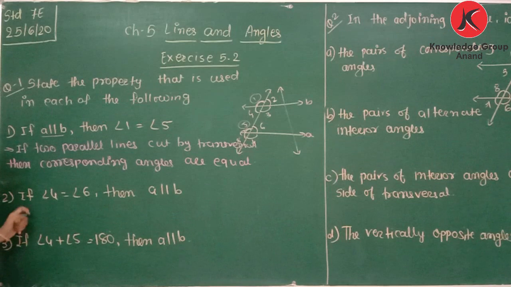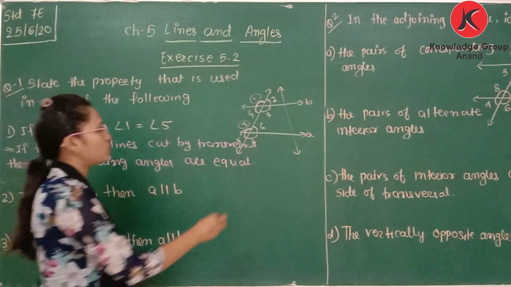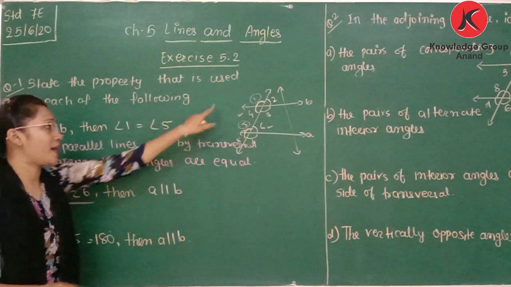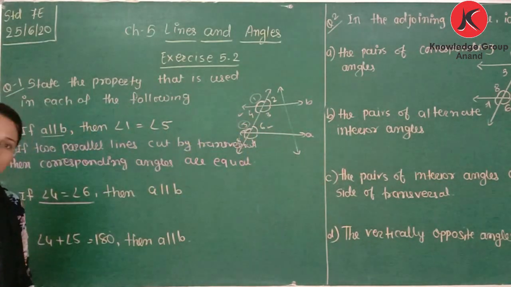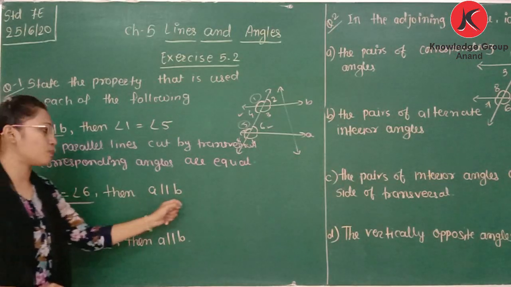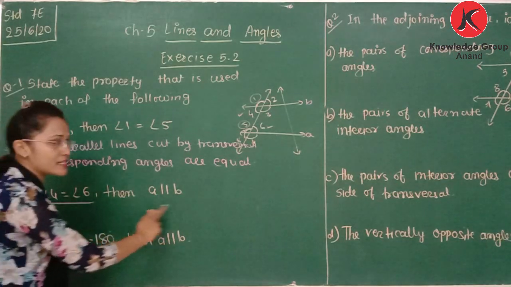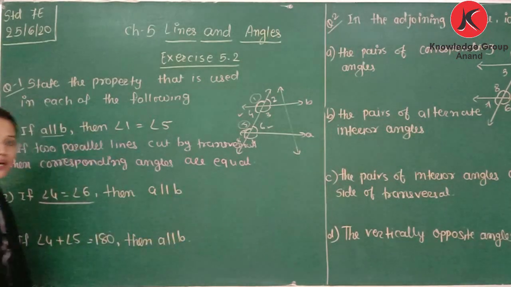Now the next one: if angle 4 and angle 6 are equal. Where is angle 4? You can see it is here and angle 6 is here. So which pair is this? These are the alternate angles. Then A is parallel to B. So what property can we write? If alternate angles are equal, then lines are parallel.